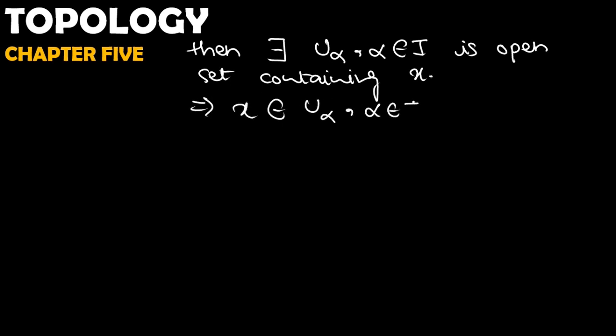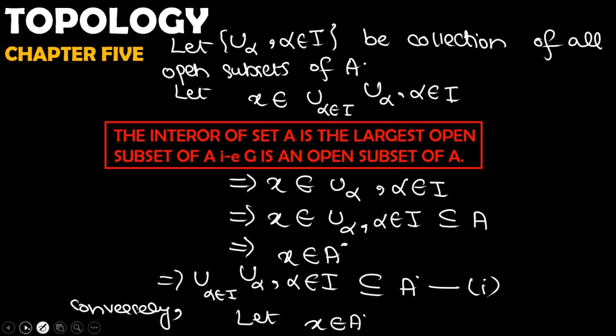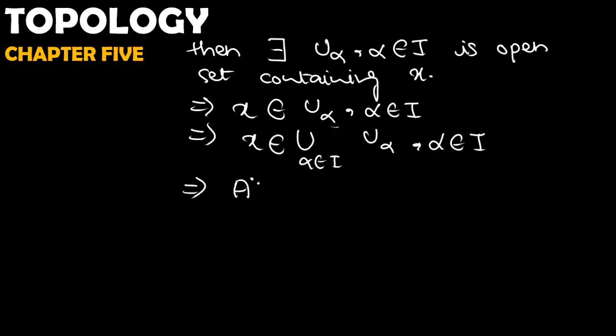As x belongs to U alpha, then x also belongs to the union of U alpha, alpha belongs to I. As x belongs to the union of all U alpha, and in the first line x belongs to the interior of A, then it implies that A interior is a subset of the union of U alpha, where alpha belongs to I, which is equation 2.